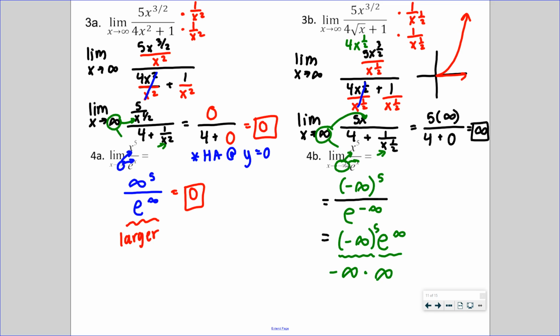It doesn't really matter which one's bigger now that they're both in my numerator. Once I took care of the negative exponent, I have a negative large times a positive large, and a negative times a positive is a negative large number, negative infinity. That would be the limit.